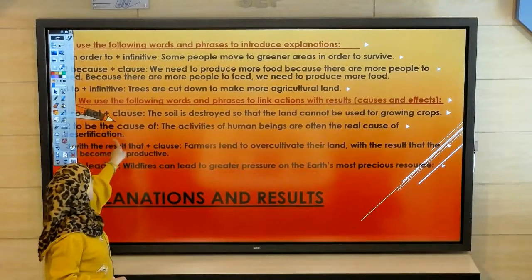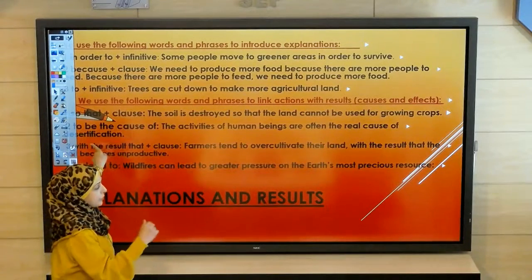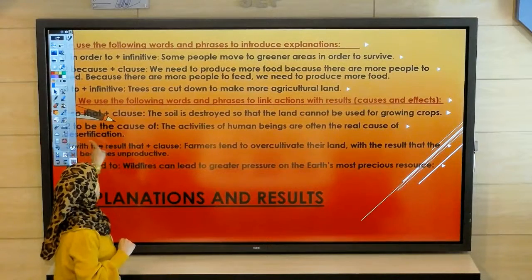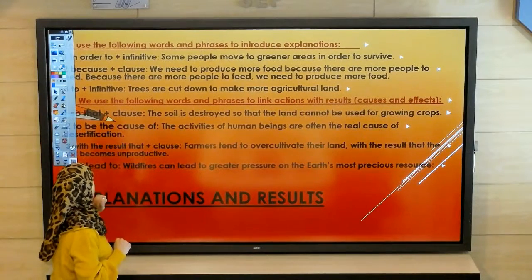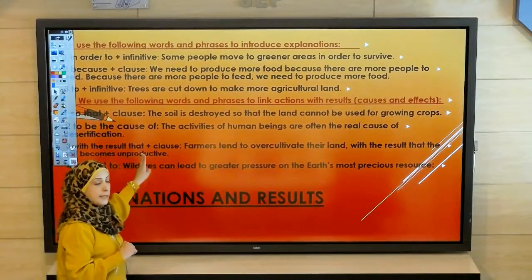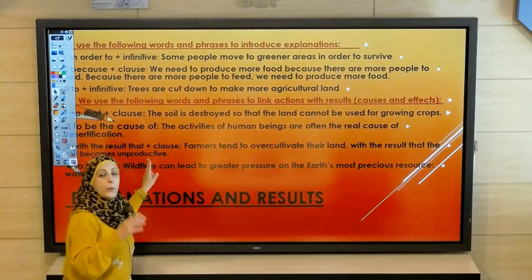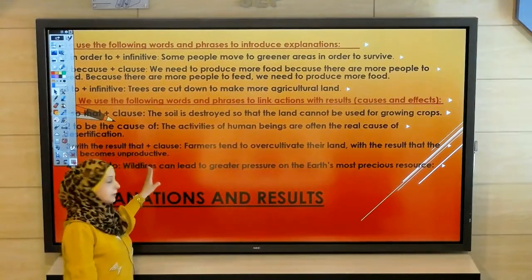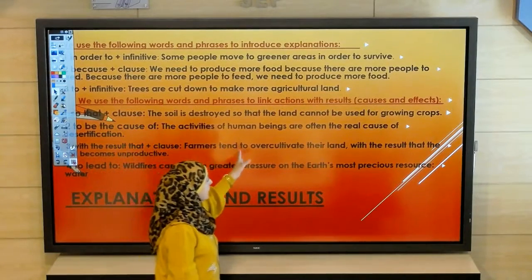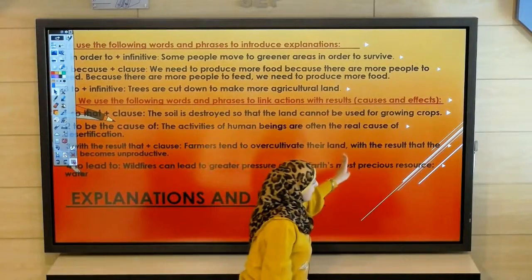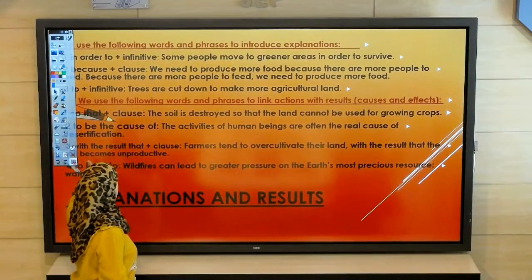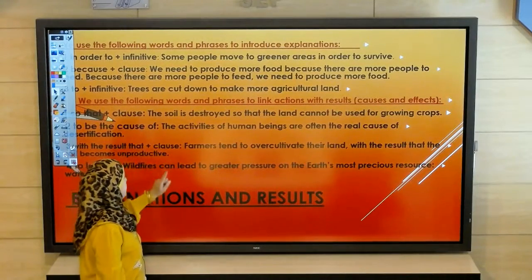So notice, I here continue with one word, desertification, noun. 3, with the result that, okay, here we should write clause. Farmers tend to over-cultivate their land, with the result that the soil becomes unproductive.